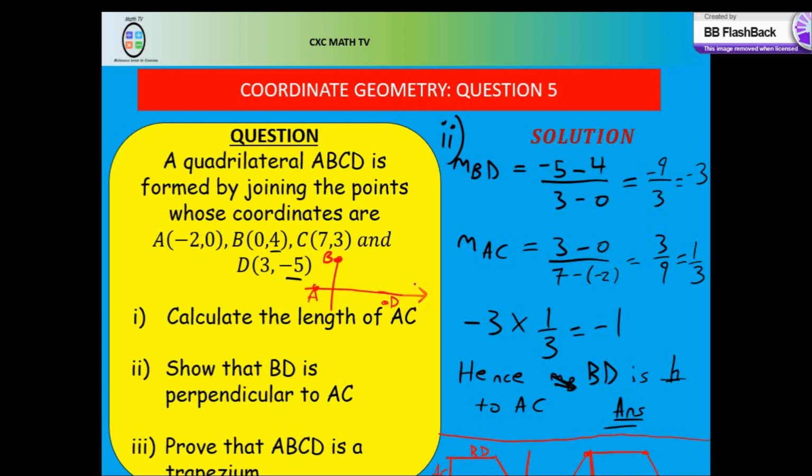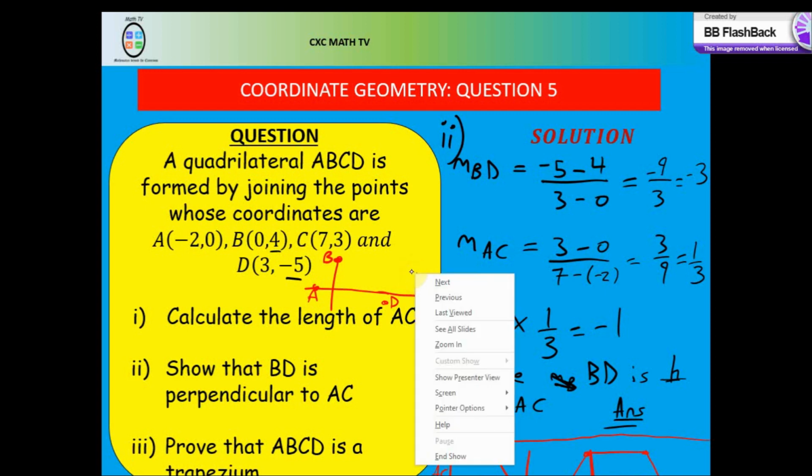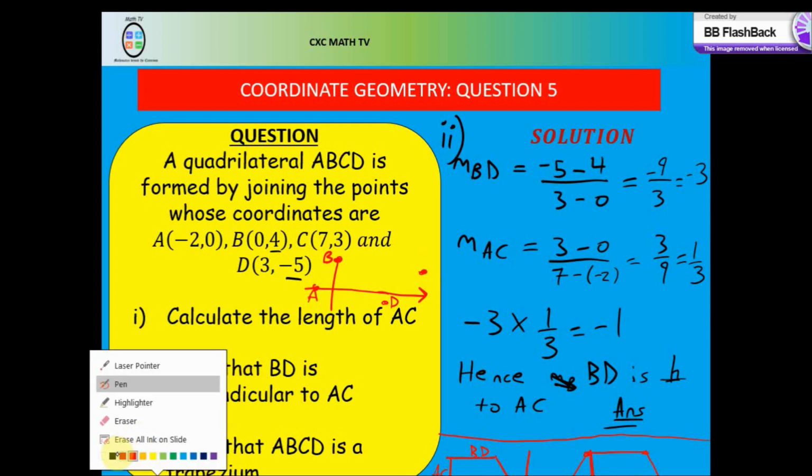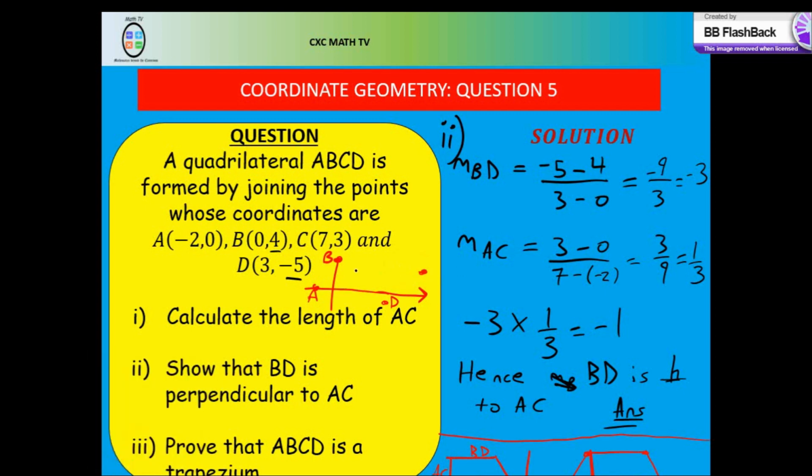So 7 and 3 would be somewhere, maybe here. Why am I doing this? I like to get an idea of what's happening. And so this should be our trapezium. I know it doesn't look like a trapezium, but remember it's a sketch.